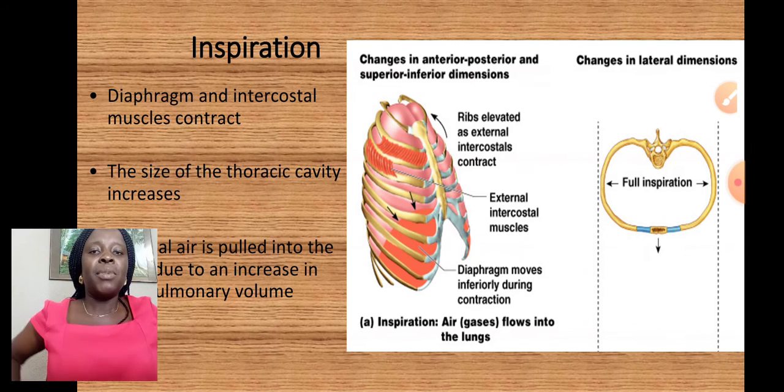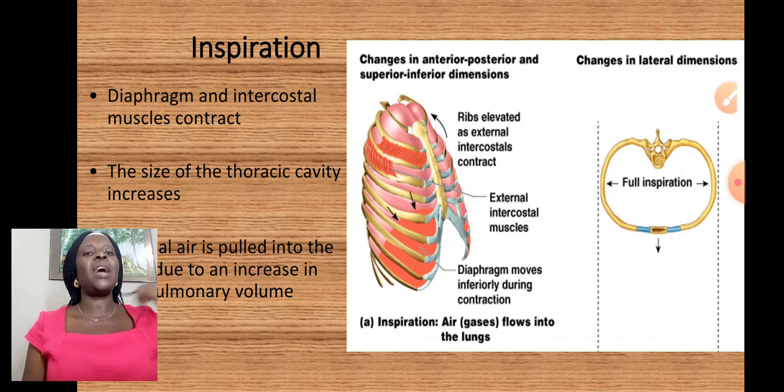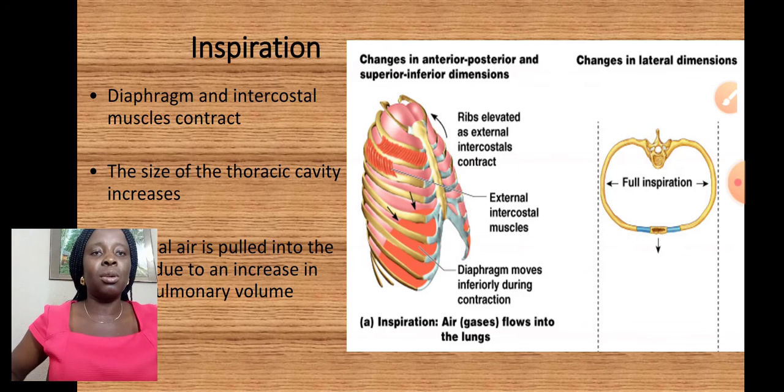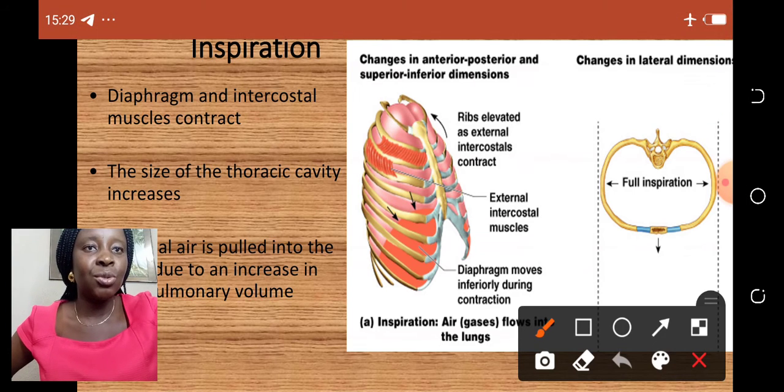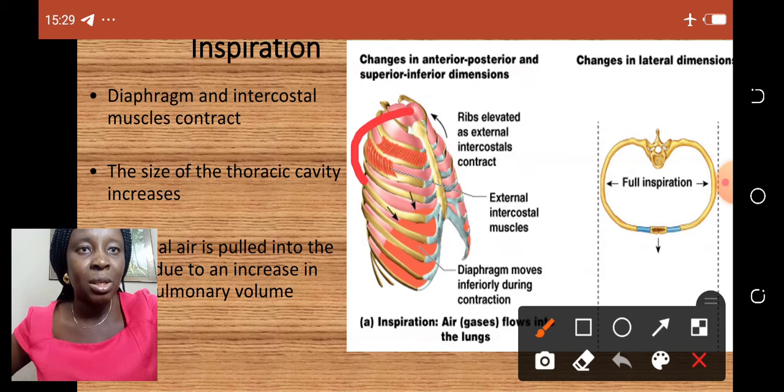Your diaphragm is just like a thin partition between your chest and your abdomen. So your diaphragm and your intercostal muscles. Your intercostal muscles, those are the muscles between your ribs here.